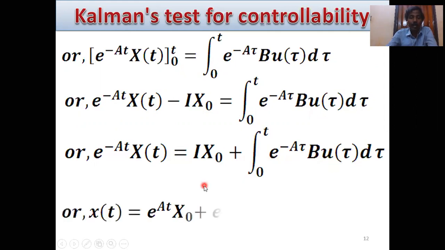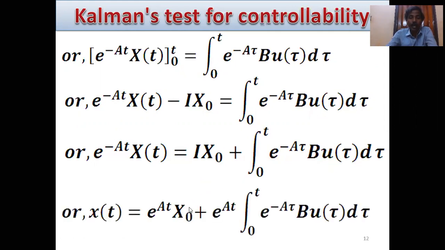Then multiplying, sorry, dividing both sides by e^(-at), we get x(t) on the left-hand side, and this cancels out. On the right-hand side, e^(at) x0 plus e^(at) into the next term, 0 to t e^(-a tau) b u(tau) d tau.